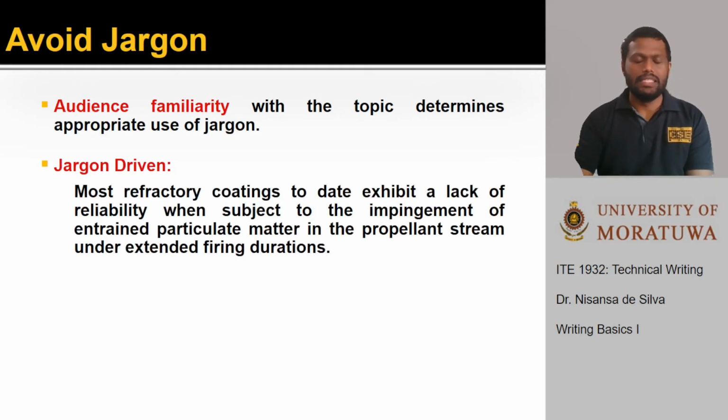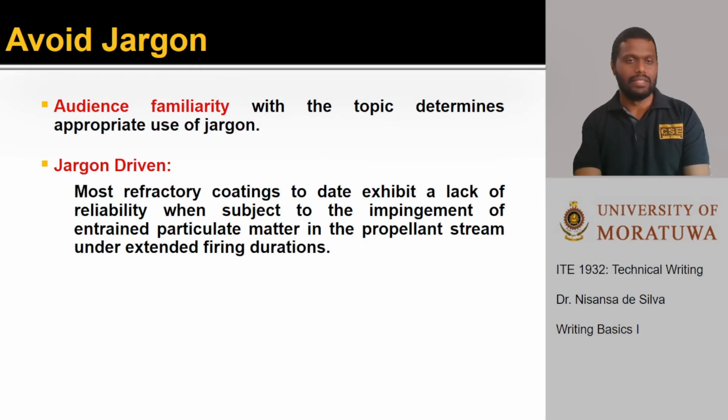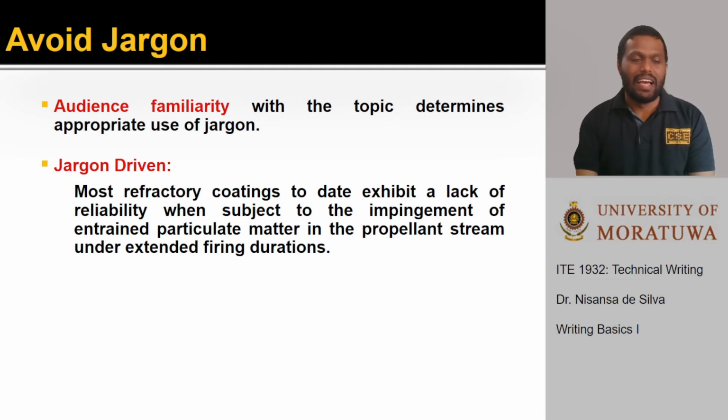So this is an example of a jargon-driven sentence. Most bookings to date exhibit a lack of reliability when subject to the impeachment of interim, and so forth. As you can see, articulate, propellant, extended firing durations, all of this.